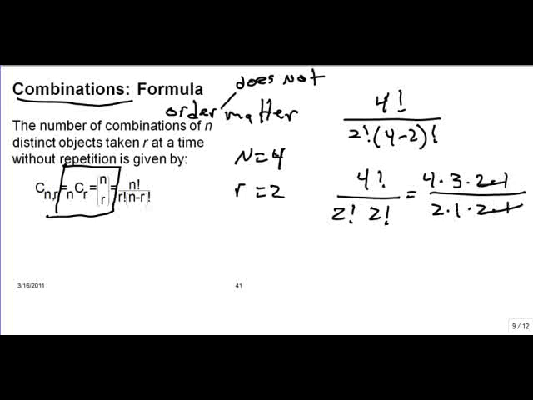And this 2 times 1 cancels with this 2 times 1. And 2 times 1 is 2, so 2 goes into 4 twice. So notice what we're left with is 3 times 2, which is equal to 6, which is what we came up with earlier. So again, combinations are used when order does not matter, or you're not filling any specific slots.